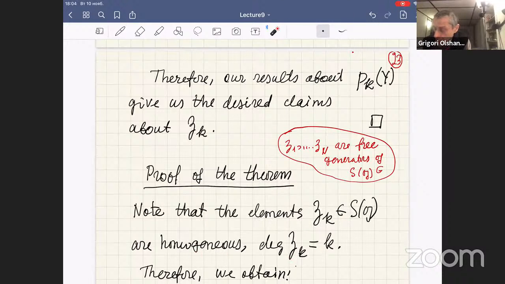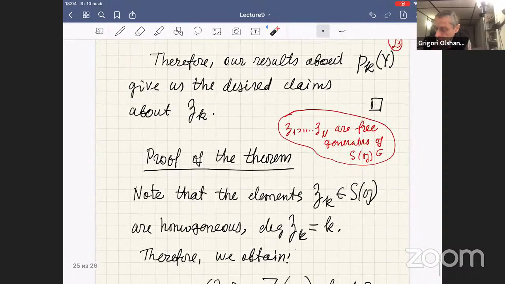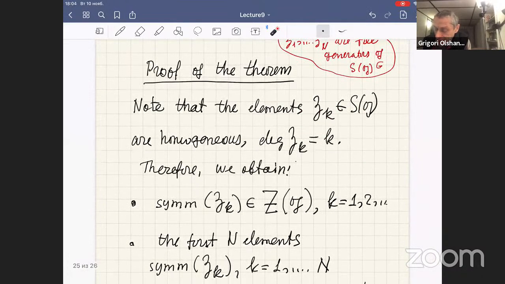If you take the images of these elements in the universal enveloping algebra, then we get central elements by the Gelfand theorem, because the symmetrization maps invariants to invariants.